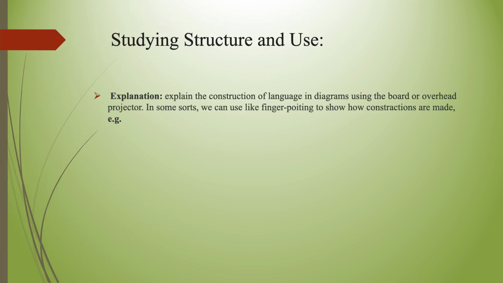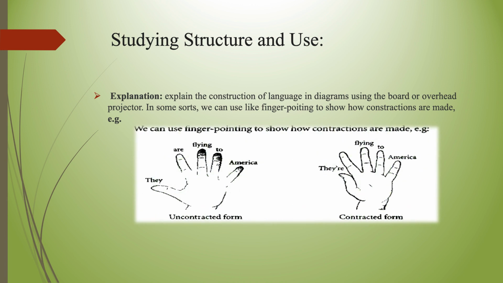And the second one, explanation. In order to make the students understand well, the teacher has to explain the construction of language in diagrams, sometimes using the board or overhead projector. In some cases, we can use finger pointing to show how constructions are made.